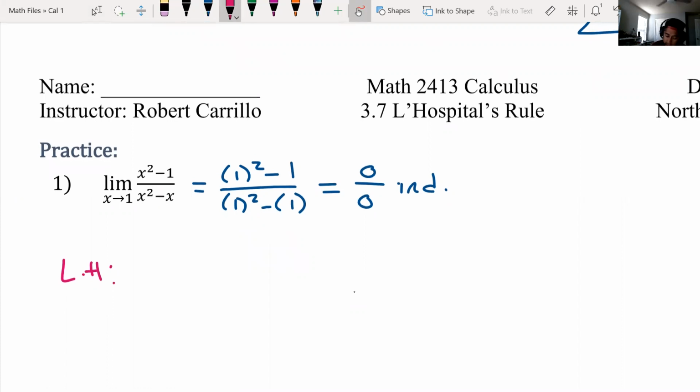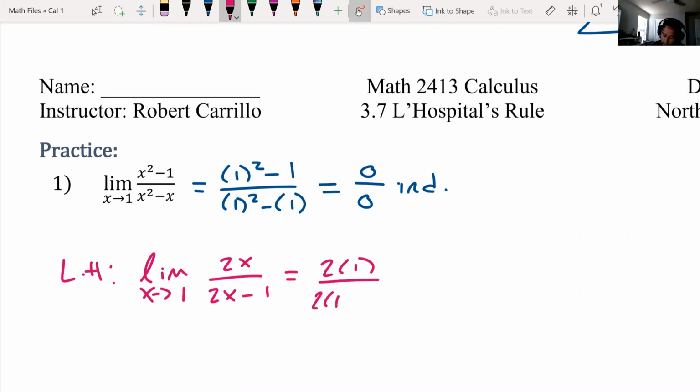We'll do L'Hopital's first. You get the limit as x approaches 1 of 2x over 2x minus 1. And if you plugged in 1, 2 times 1 over 2 times 1 minus 1, we'd get 2 over 1, so we get 2.